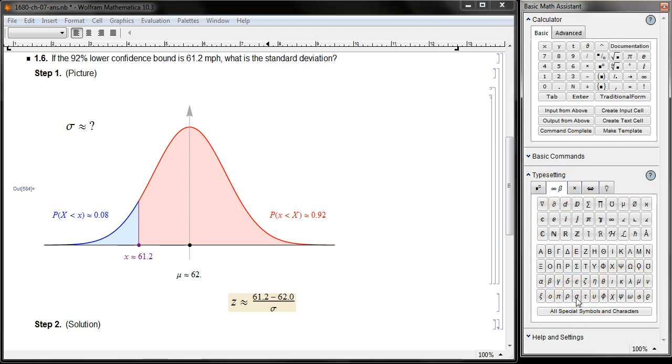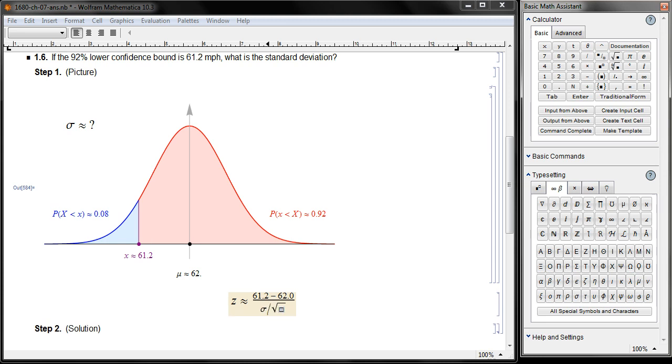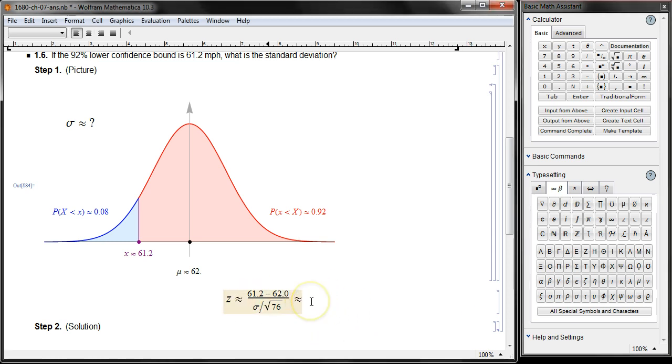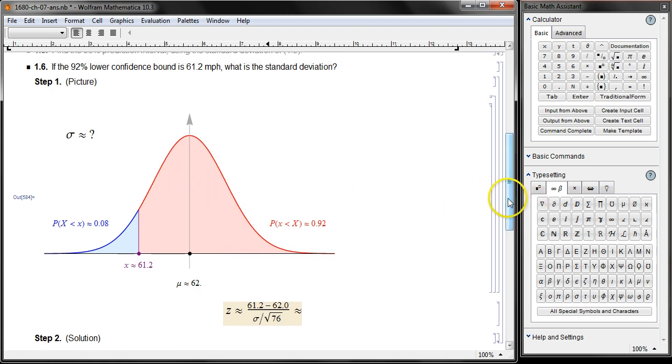It's standard deviation over square root of n, where n is in this case 76. And that is approximately equal to the z-score associated with this picture. Not 92%, blindly because the problem says 92%. Draw the picture and you have to look up 8%.